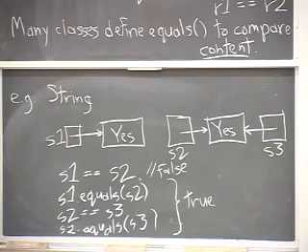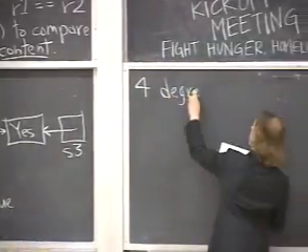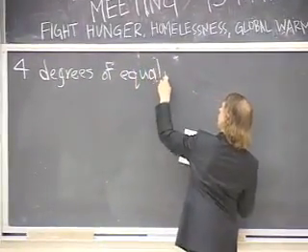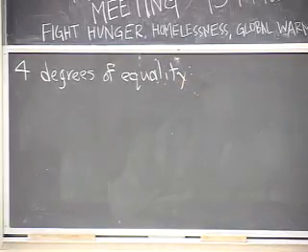Now, a lot of classes redefine equals, and they can redefine equals in a lot of different ways, depending on what it is they want to do, what it is they care about. And so there are at least 4 different degrees of equality that different classes might use in the equals method.